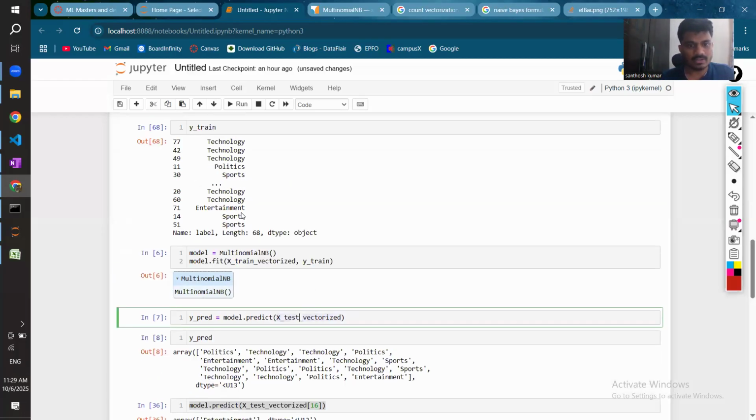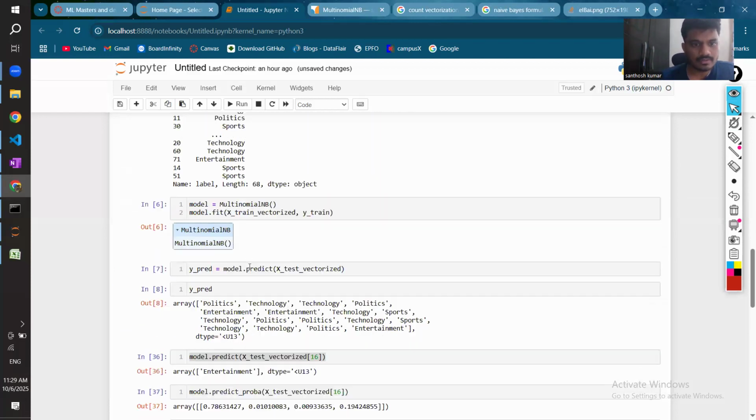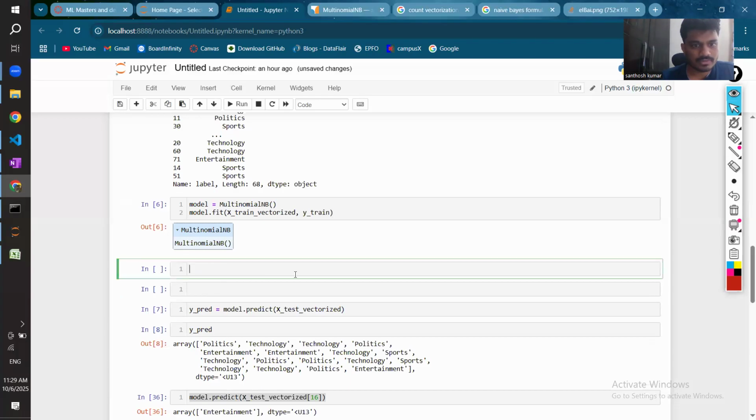My model is ready, so we'll pass X train vectorized.